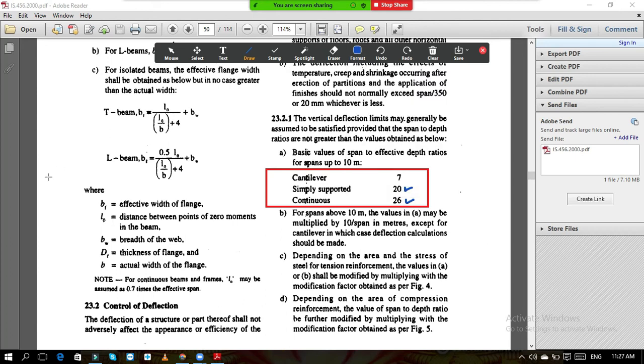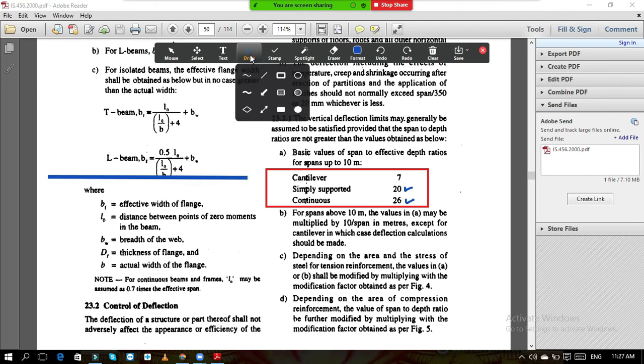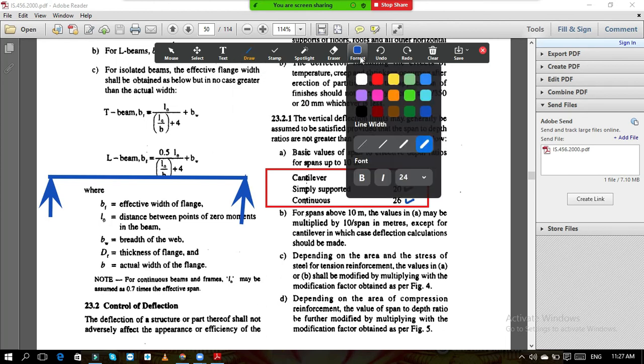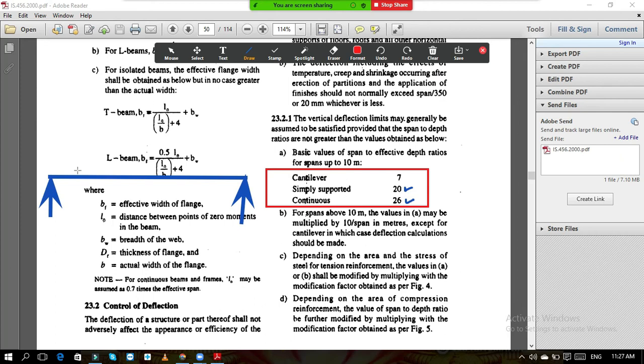Now suppose I draw it in a line diagram. There are two supports. Here is one support and the second support is over here. This is the slab, and there are 5 panels in the slab. So one, then this is second, third, fourth.